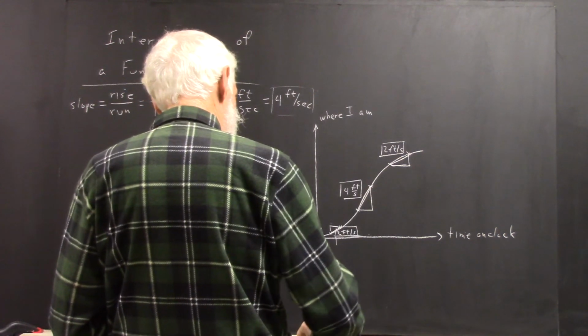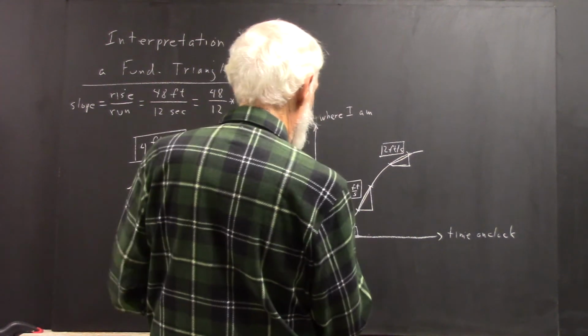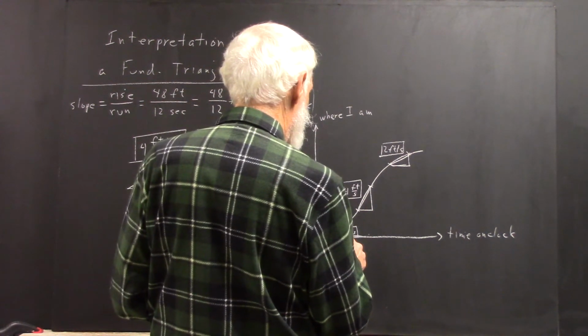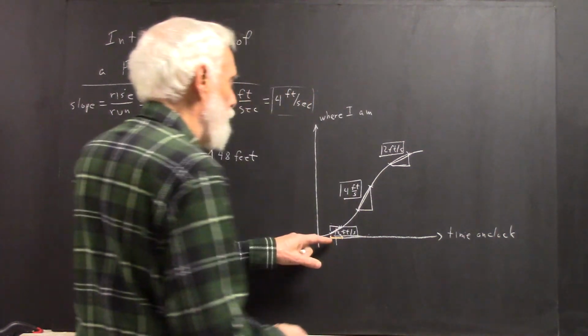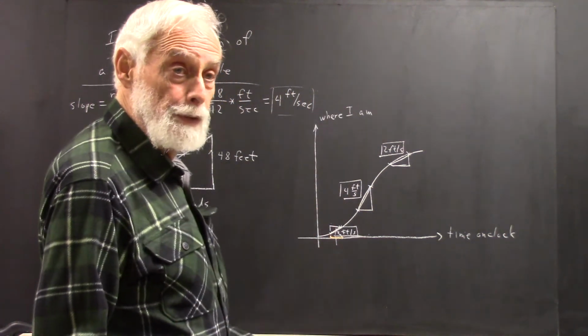Okay? And at this time, it's sometime in this interval, at least. Another way we could say it is, on the interval from here to here, the time interval, the average speed on this interval is 2 feet per second, right?